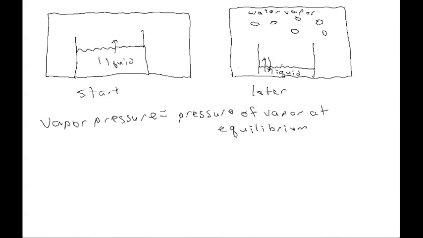You'd only reach equilibrium if the container is closed, because if it was not closed, the water vapor would keep escaping, and very little of it would ever recondense. If the container was open, the liquid would evaporate completely, just like a puddle on the street eventually evaporates completely. So to think about this, we need a closed container. Okay, so that's our concept of vapor pressure.